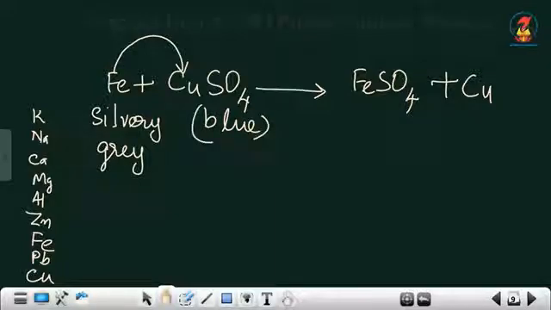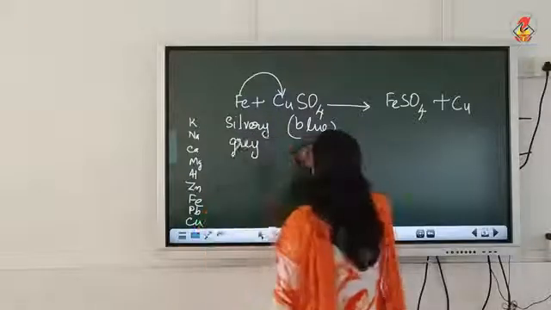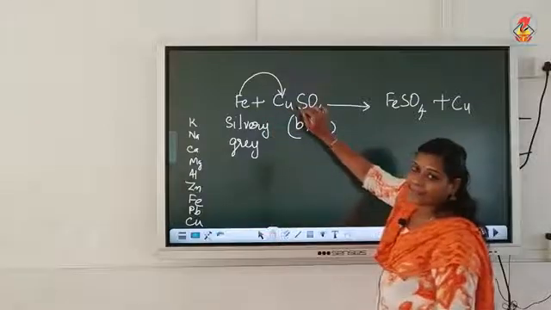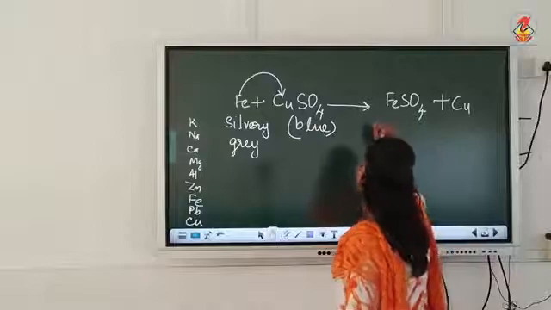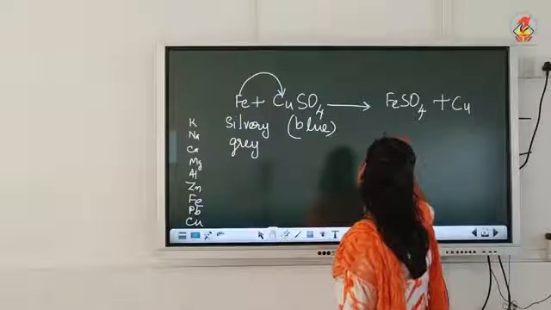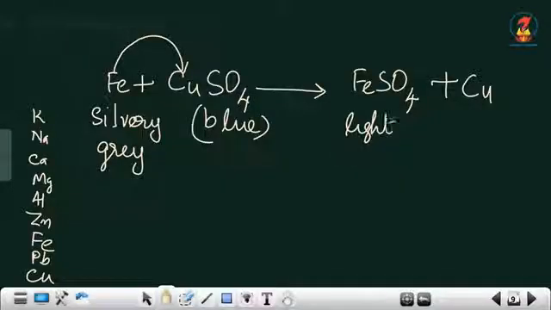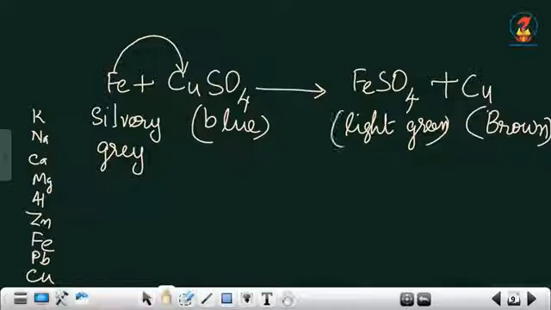During the reaction, iron displaces copper from copper sulphate, and iron sulphate is produced, which is light green in color. So, the blue color of the solution will change into light green color, and reddish brown color is observed for copper. These are the observations for this displacement reaction.